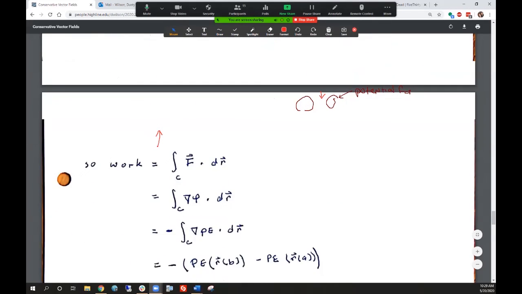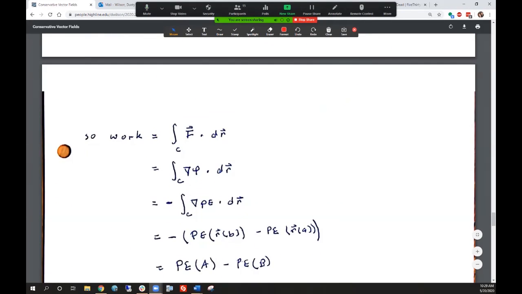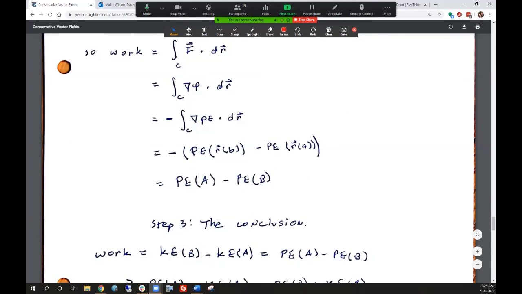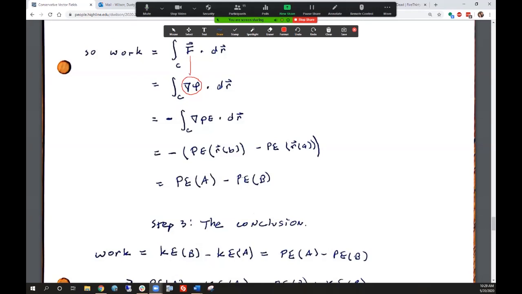For the sake of time, let me work through the last bit on my pre-done notes. So the work, now that we're in a conservative field, would be F dot dr. F would be a gradient field. And so we can replace that gradient of the potential function with the potential energy, and we picked up that negative for the reasons we just talked about.